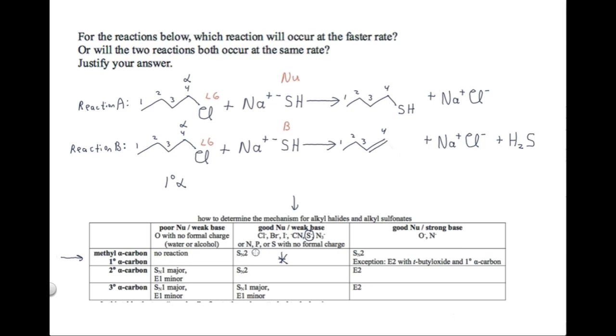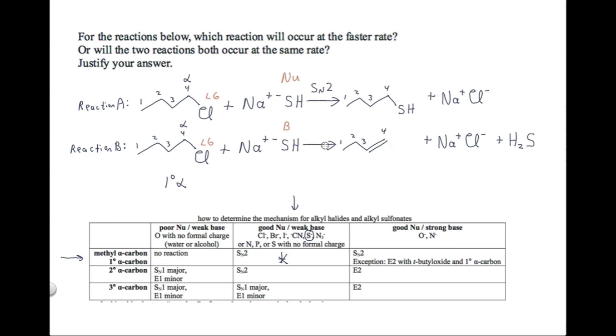So that really gives us our answer right here. It looks like reaction A is an SN2 mechanism, and we know that that will be the fastest mechanism in these conditions. So it looks like reaction A will be faster than any other reaction in these conditions.